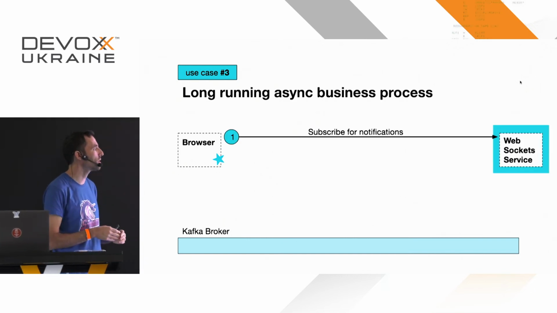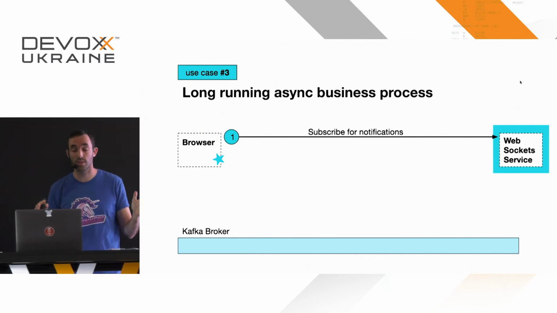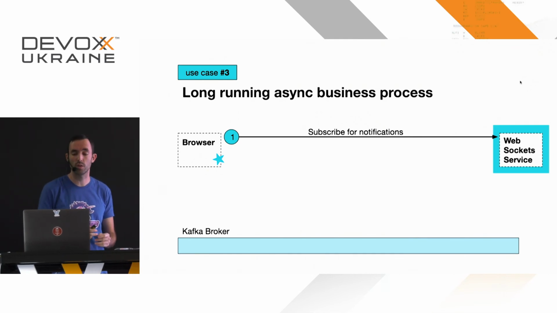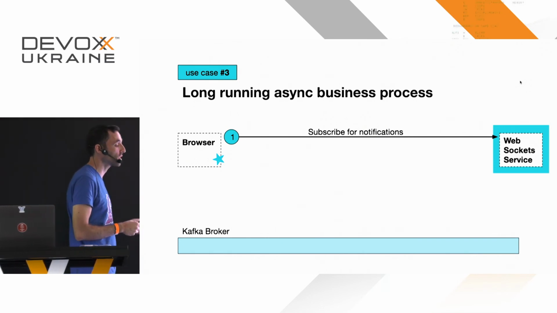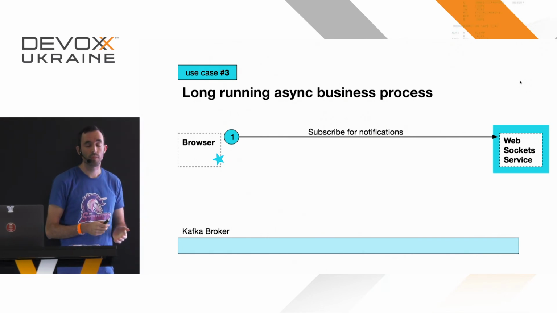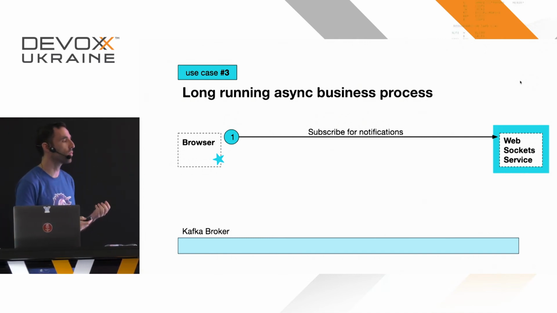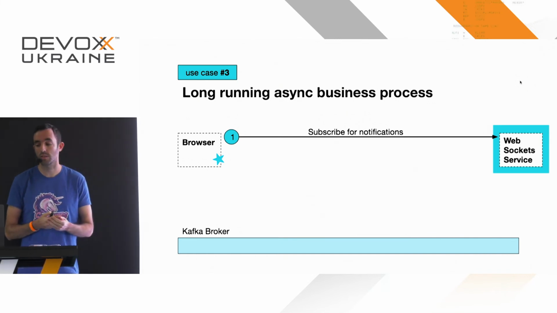And one last use case that I find very interesting as the scale and complexity of your business grows is having long-running async business processes. Really, the request-response model is not really necessary these days when you have WebSockets and stuff like that.